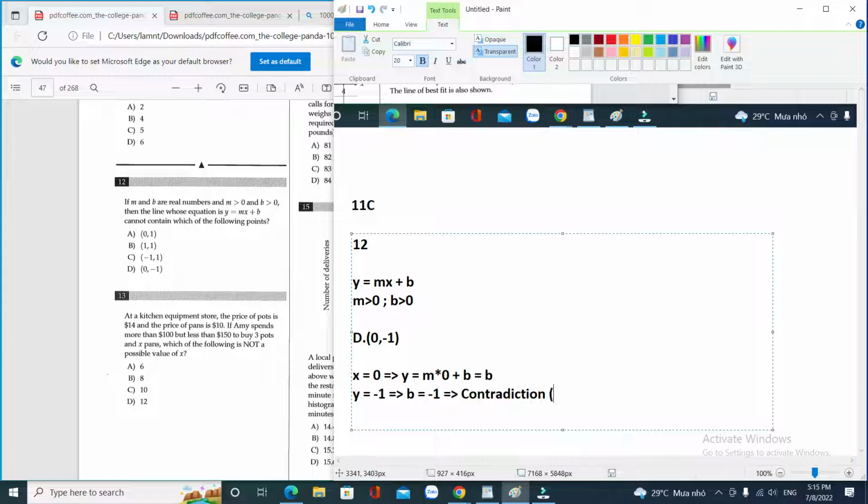Because b has to be positive, that means D doesn't lie on the line. It's not on the line, right? So the answer is actually D.